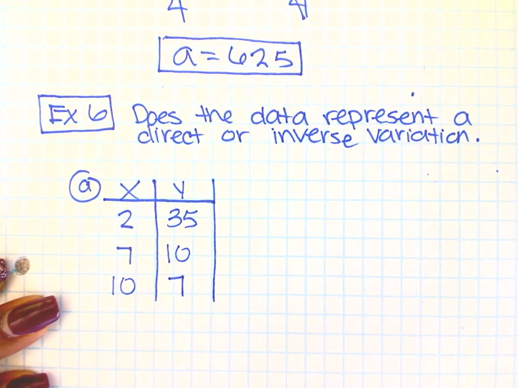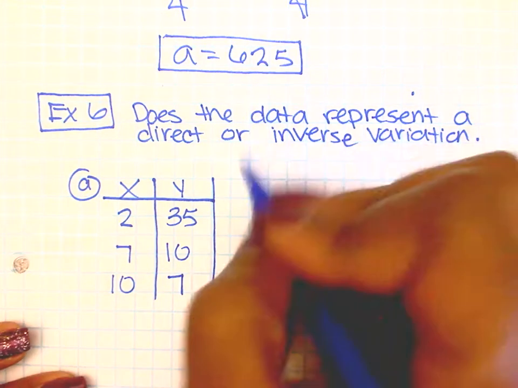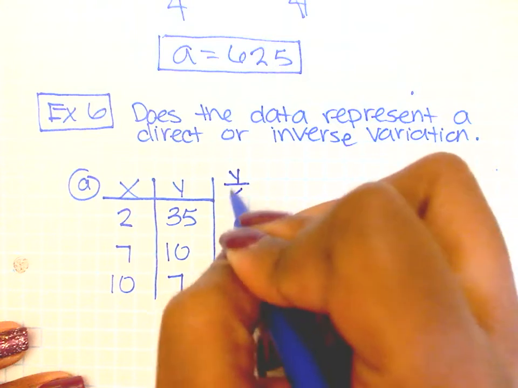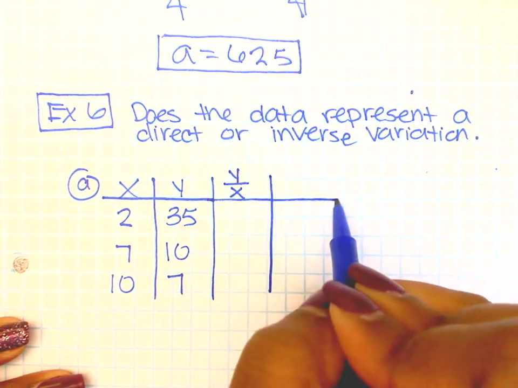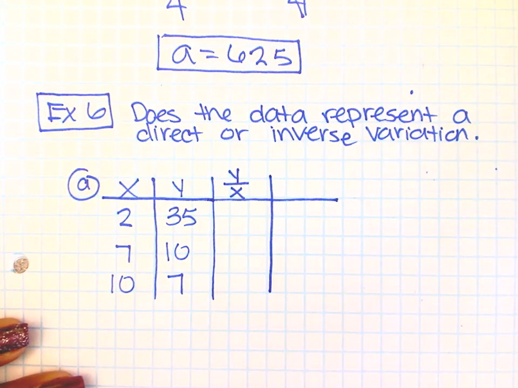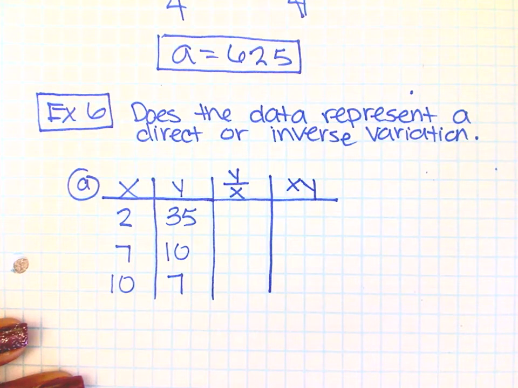What you have to add to your graph is the two types of ways to find out if it's direct or inverse. Now we know that if it's direct, it's going to be y over x. The y's over x's are going to be the same. But if it's inverse, the x times the y will be the same number.